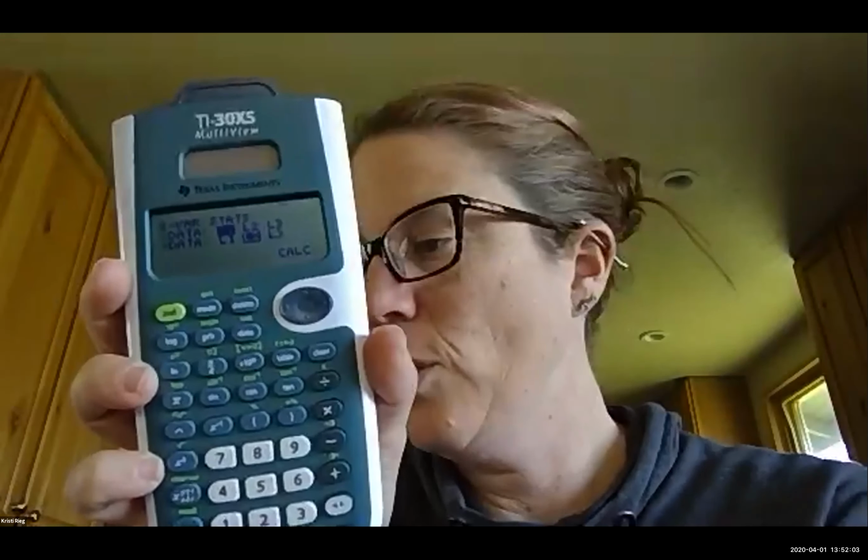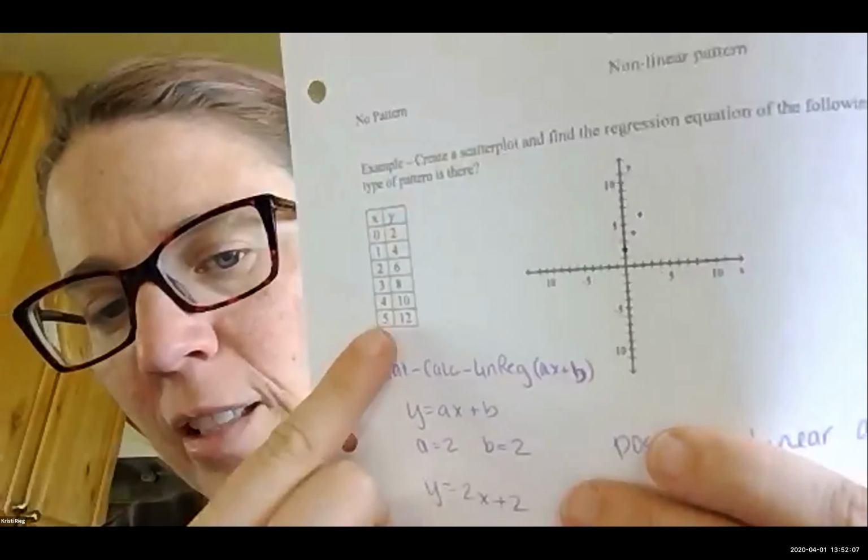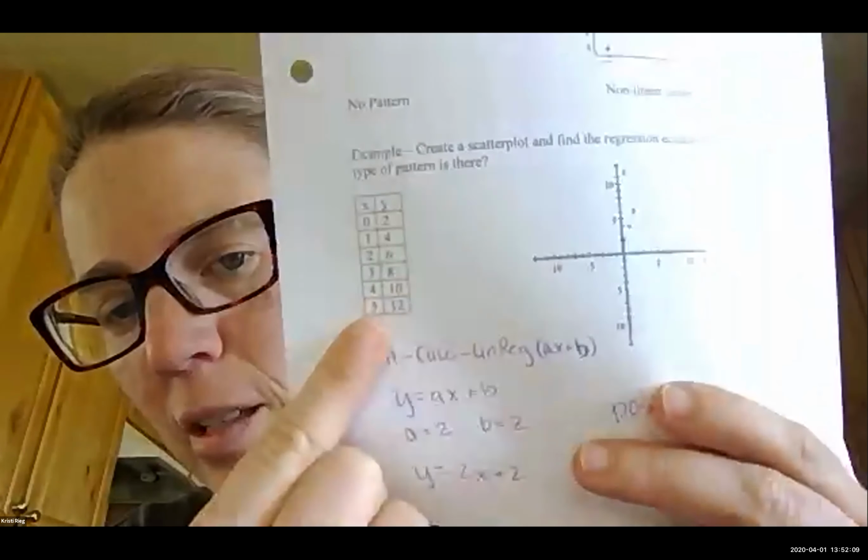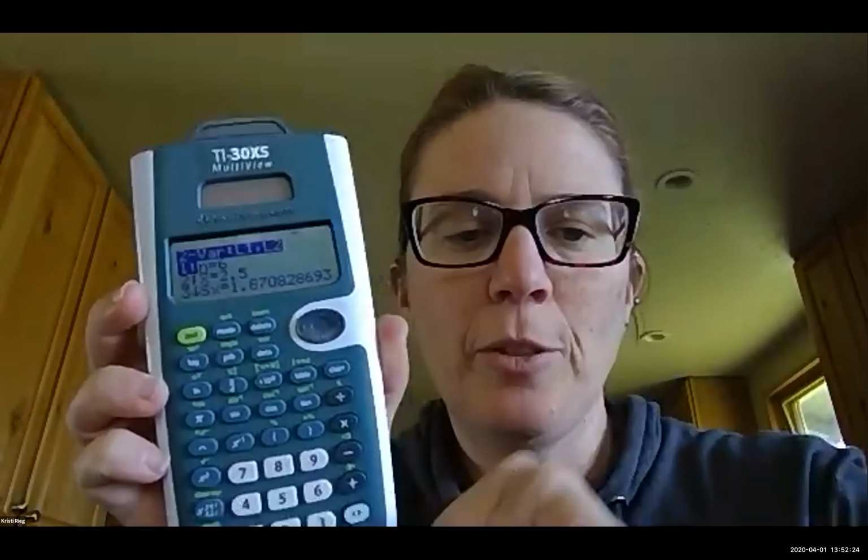Now it's asking where the X and where the Y are. The X should already be in your first list and the Y should be in your second list. So it should be L1, L2, and it should just always be that. If you always leave it like that, then you won't have to change it. I hit calculate.